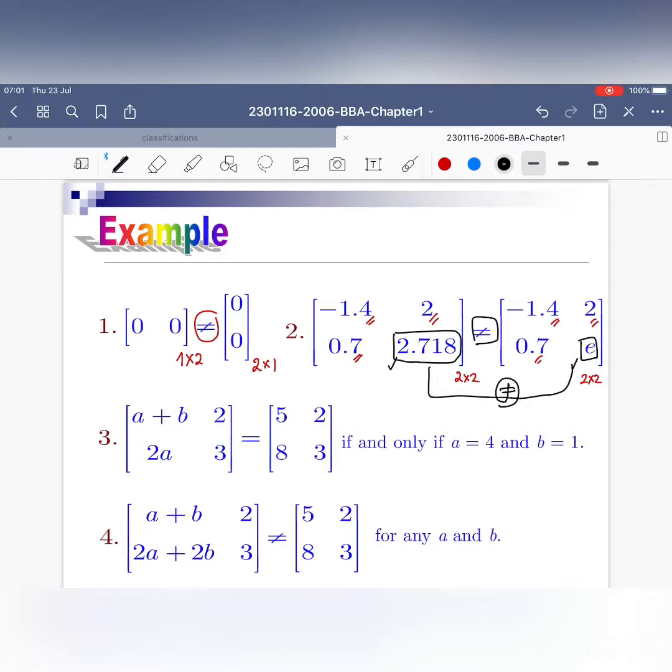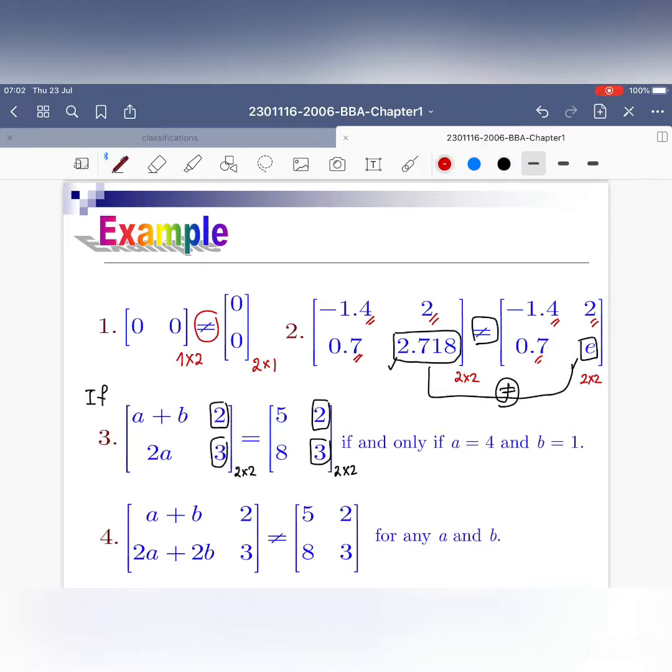So if we are given that these two matrices are equal, of course the form is okay because they have two rows and two columns. A12 are the same, A22 are the same already.